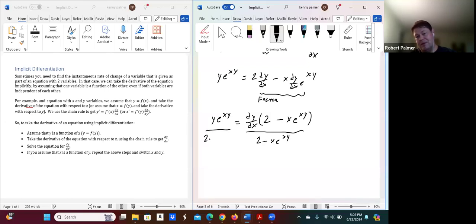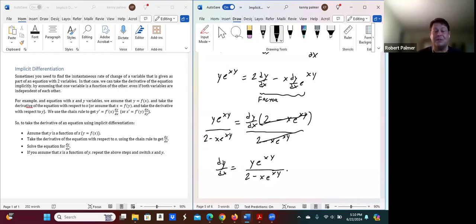Divide both sides by that. So these cancel out. What we're left with then is this: dy over dx is equal to y times e to the xy over 2 minus x times e to the xy. Okay, so that gives the slope of our tangent line.